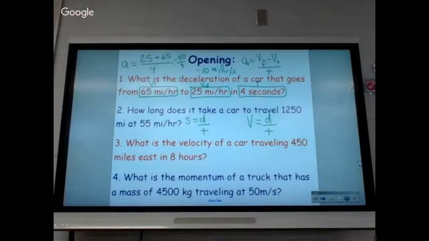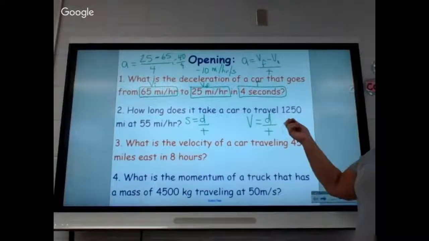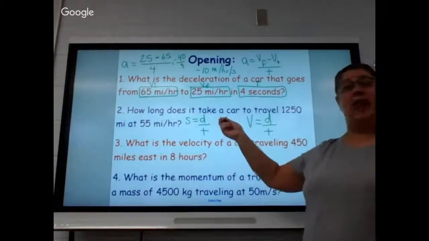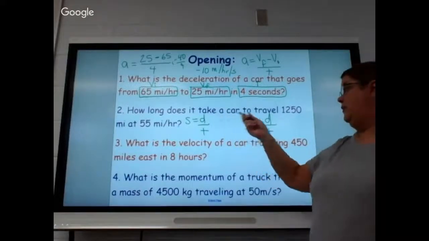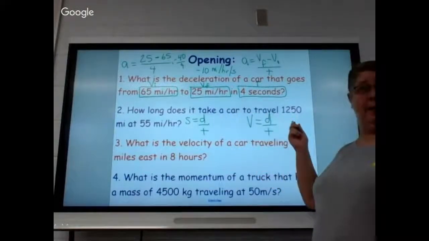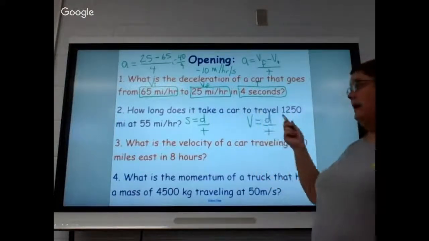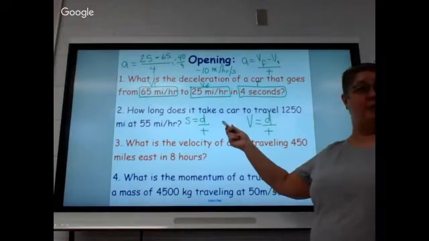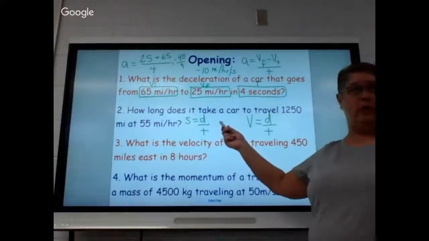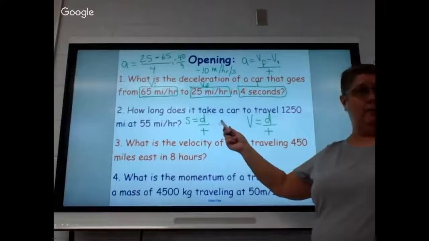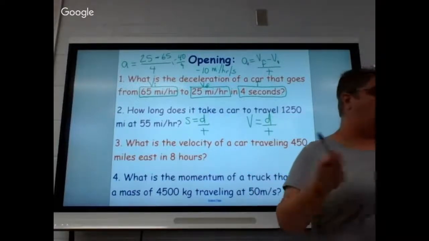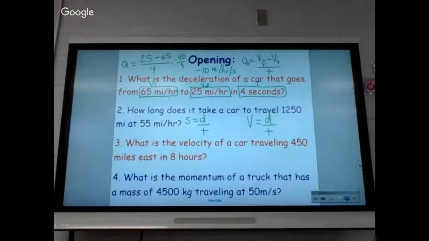So when you look at your reference table, this one is on the reference table if you forget it and want to look it up tomorrow. This one is not on the reference table, but these two formulas are the same. You can choose either one because they're the same formula. It doesn't matter which one you pick. Okay? So, what are we solving for in the formula? If it says how long, time.